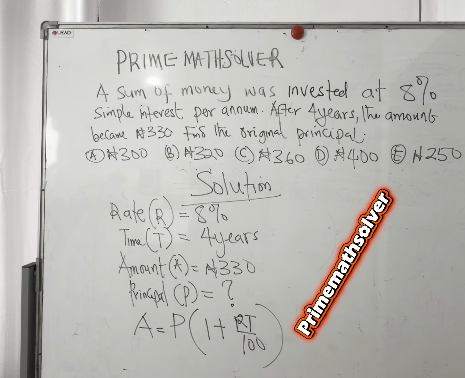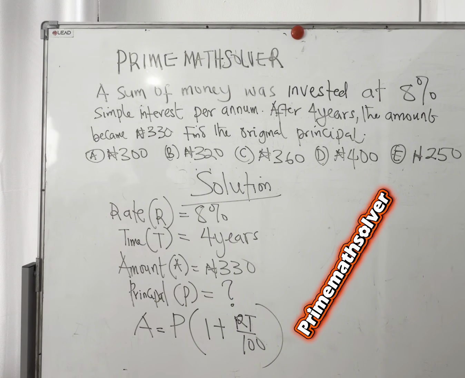If you can apply this, then you are good to go. You already have the steps to the answer, and this is what WAEC wants. Now, we have defined all of this, so we have to insert the values.